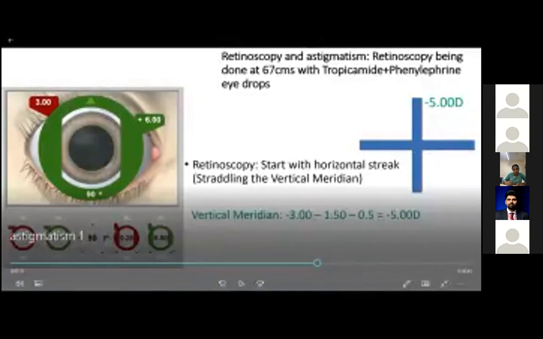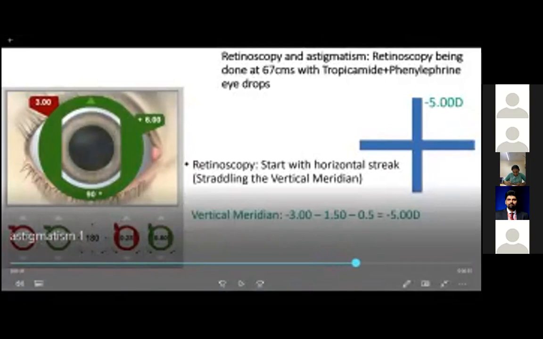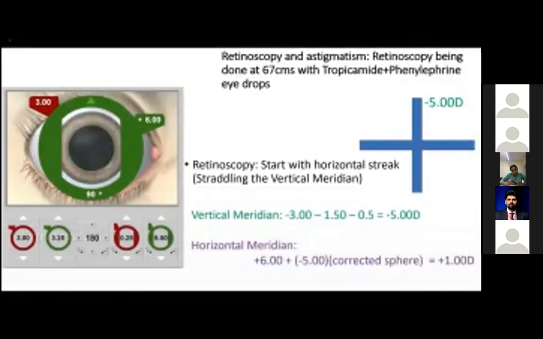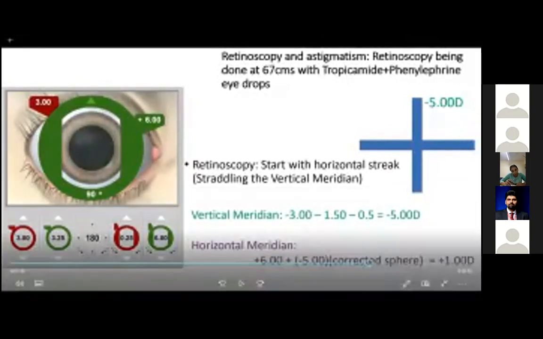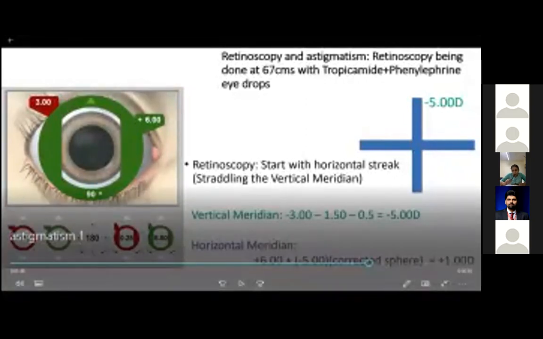Now, to know what exactly my horizontal power is, I will calculate this cylinder which is in place and add it to whatever is already there. I know that there is already a -3 diopter sphere there, which is the working distance sphere. So I will add my +6, which is what I've got for the horizontal meridian, to -5.